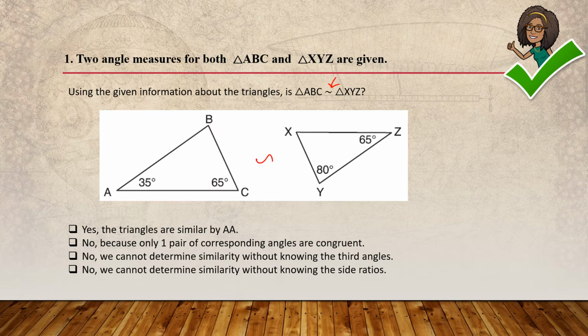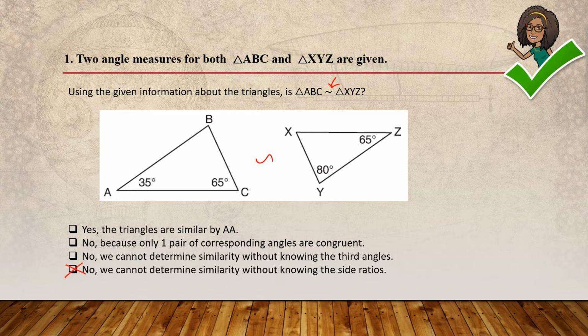The corresponding angles are congruent and the side lengths are proportional. Well, here they're not giving us any side lengths, so we can't talk about sides. So that can automatically eliminate one of them because it says similarity without knowing. Well, this one talks about knowing the side ratios. We don't have any side ratios, so obviously that doesn't make any sense.